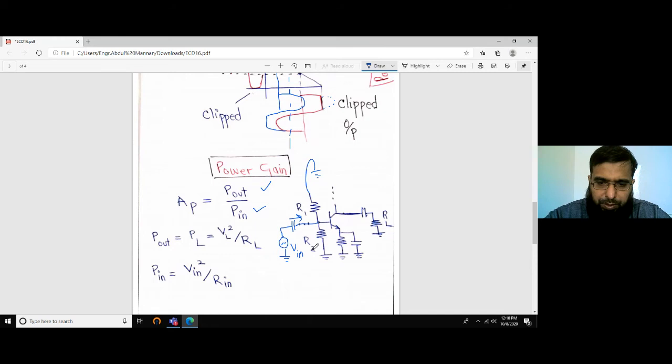So R1 and R2 come in parallel, and they come in parallel with beta times the small re. We will not include the capital RE here, because with this capacitor, we bypass this RE, and it is no more seen by the AC input, because the AC is bypassed using this capacitor. We have already studied that.